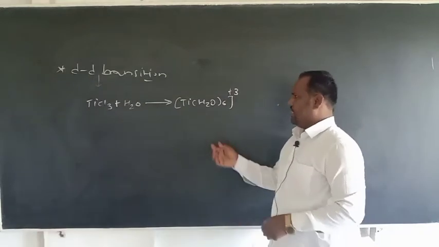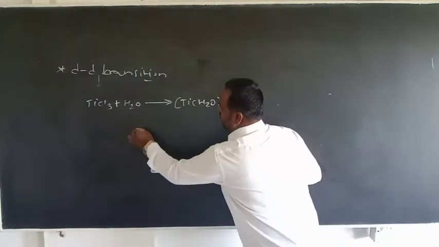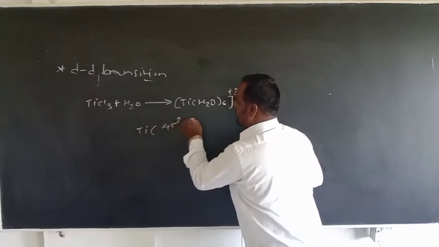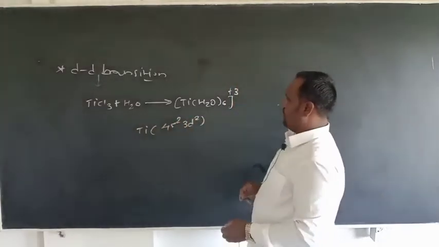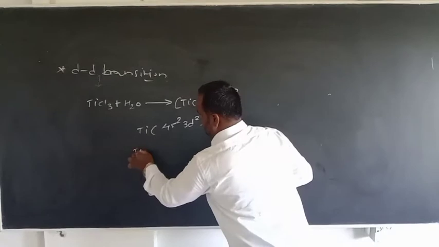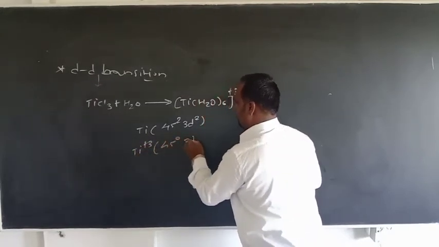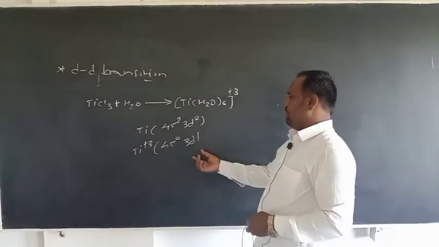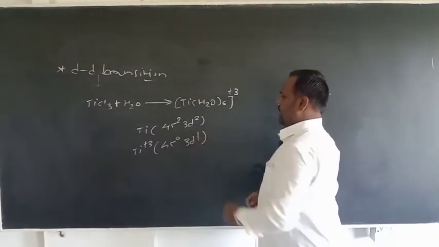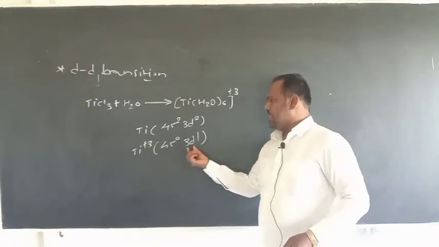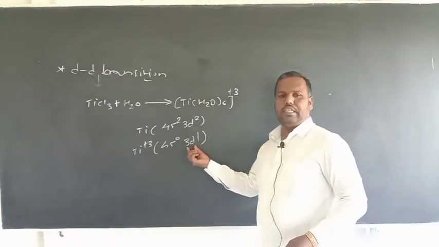So we know that titanium's valence configuration is 4s2 3d2. Since it is in the +3 oxidation state, it is 4s0 3d1. So it has only one electron in the T2G orbitals. It contains only one electron in the d orbital.